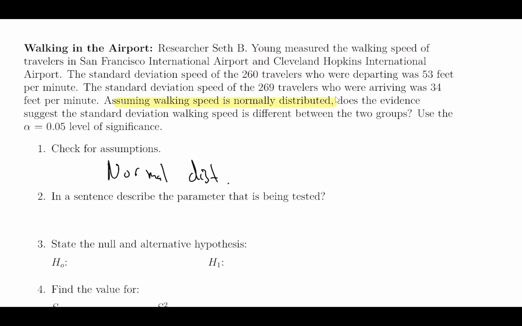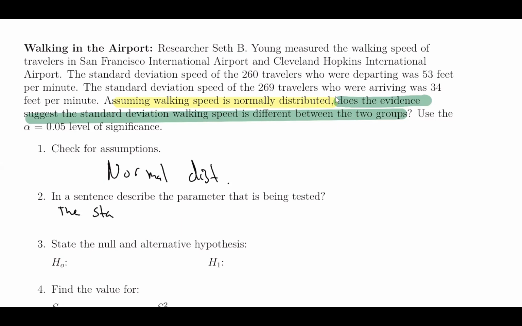All right, so if you look at it, what we want to do in step number 2 is write a sentence to describe the parameter that is being tested. If you actually look right after that, it says, does the evidence suggest that the standard deviation walking speed is different between the two groups? So we're testing the standard deviation walking speed for these two groups. So we'll put that.